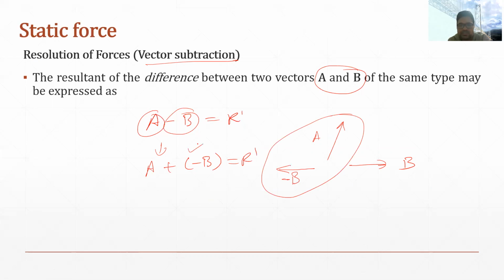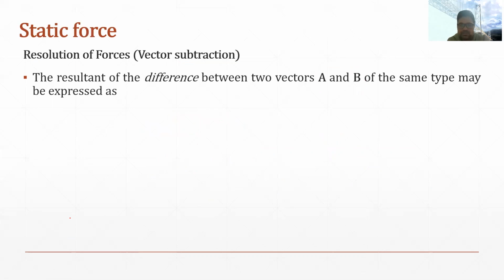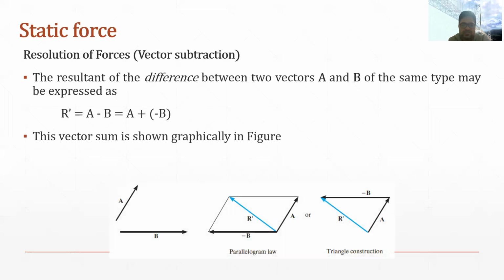This is actually a special case of vector addition, where we are adding A and negative of B. So again you can see the parallelogram will form like this. See in this diagram, this is positive A, this is positive B, and negative of B will be in the opposite direction. So in that case we can form a parallelogram like this.